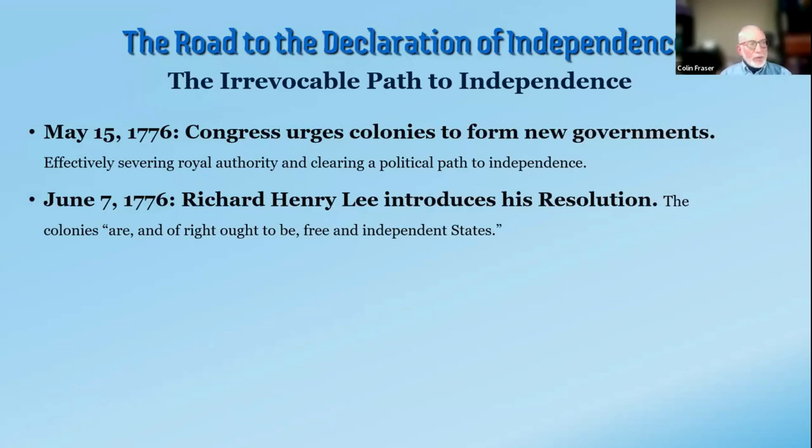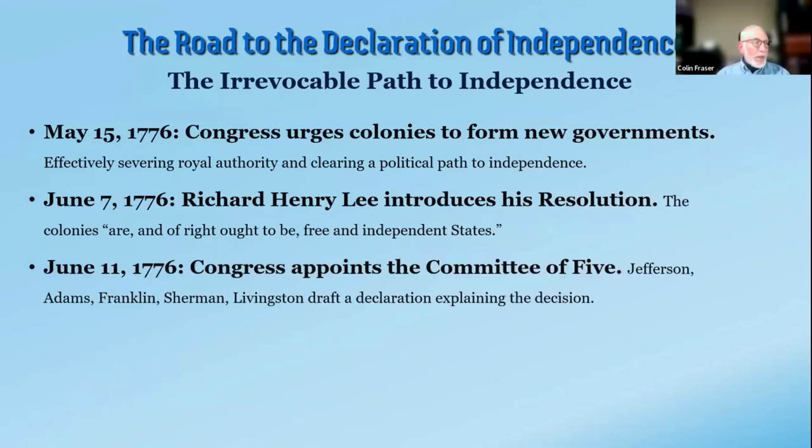A gentleman by the name of Richard Henry Lee introduced a resolution, the Lee Resolution. And this is where the concept came from that the colonies are and of right ought to be free and independent states. I'm not talking about a United States, but that the colonies were going to be independent states.